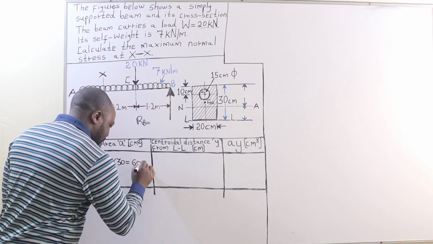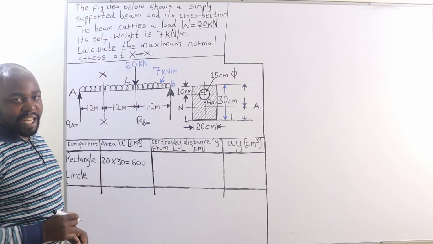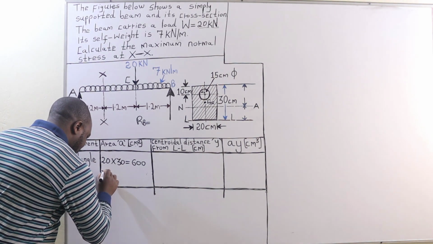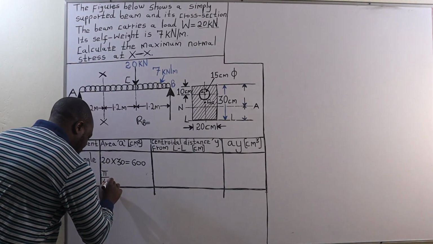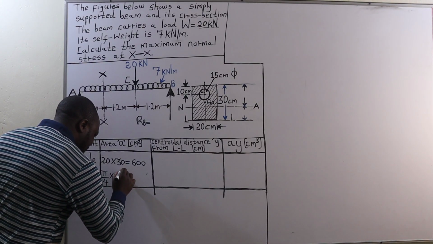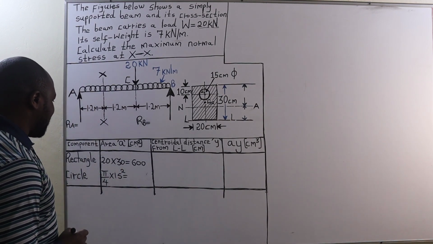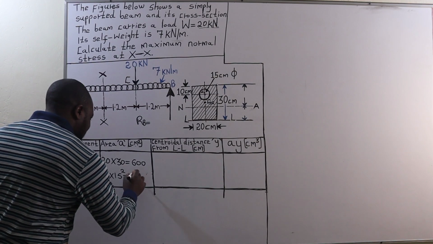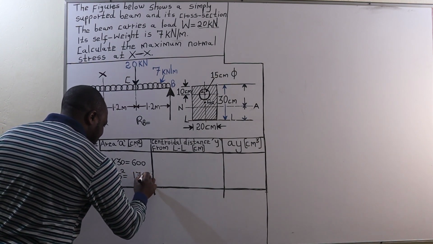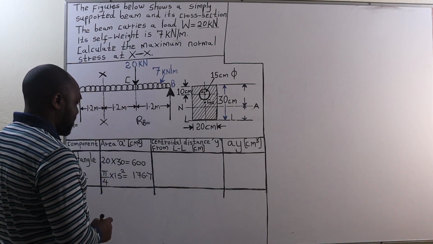Therefore, we have an area of 600 square centimeters for the rectangle. For the circle, the area is going to be pi over 4 d squared. The diameter is 15. Therefore, pi over 4 times 15 squared is 176.7 square centimeters.